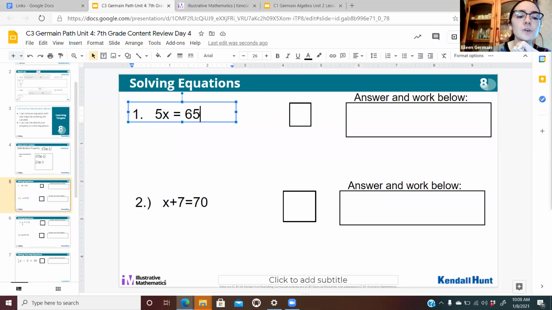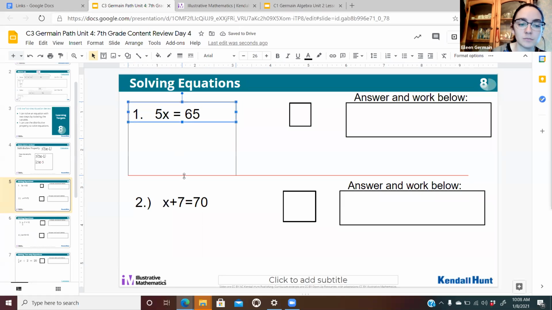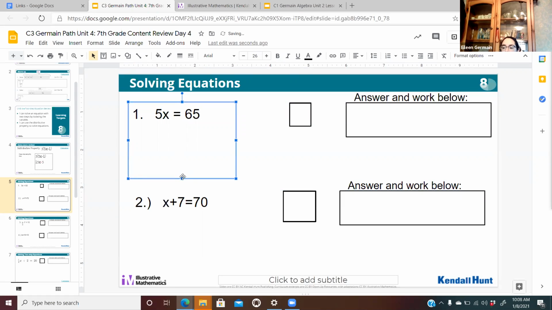So what is my first move going to be if I want to get this x by itself on number 1 here? What am I doing? Nice job, Jaden. Thank you, Jonah, for getting ready. Very good, Avery. Thank you for that answer, Bridget. What operation are we going to do to get that x by itself?